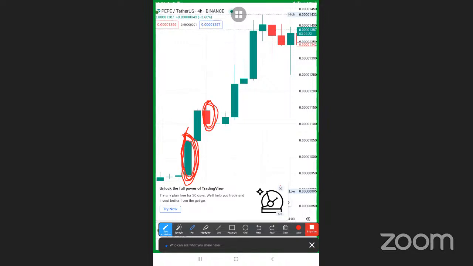So we are going to use these two colors to track the character or the behavior of sellers and buyers in the market. I have already said that buyers normally open their price from the bottom and close it on top, while sellers open their market from the top and close it on the bottom. So we are using these candles to analyze the character of buyers.